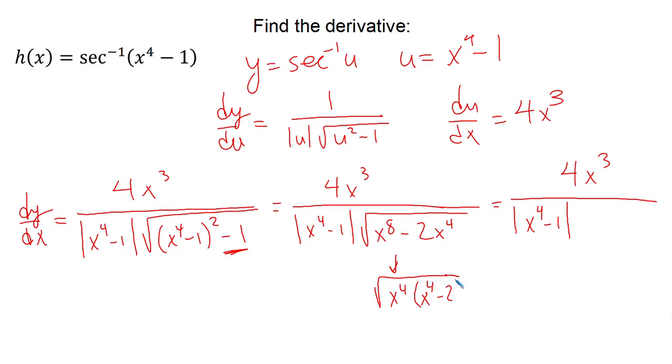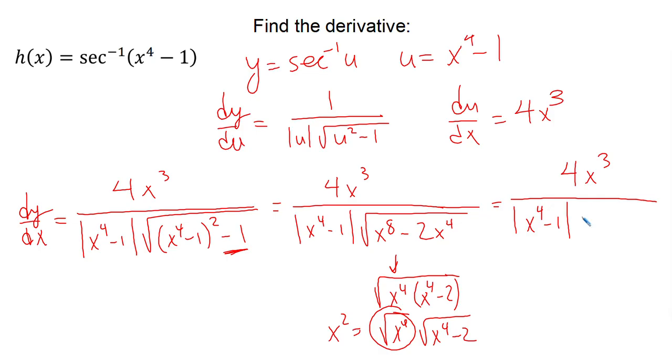And so if I split that into two different radicals, I can then turn the square root of x to the fourth into just x squared. And we don't have to worry about it being the absolute value of x squared because we know that x squared is always positive, and therefore the absolute value is redundant.